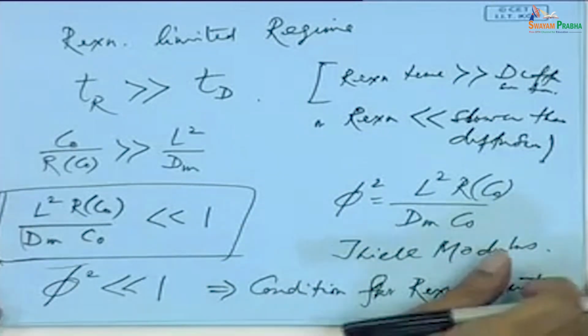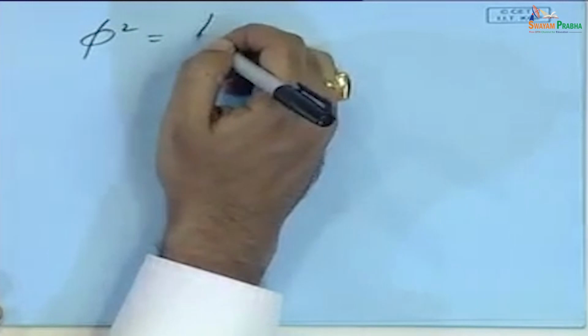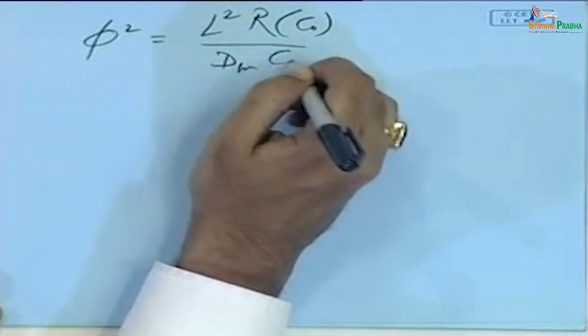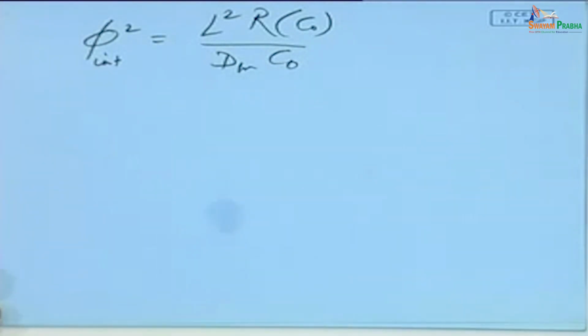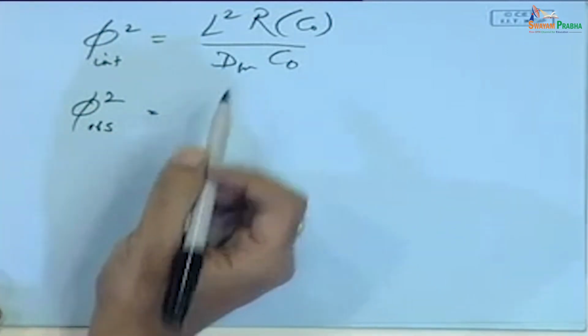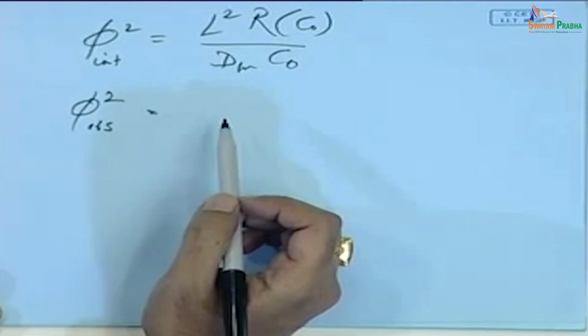Okay. Now, I will just at this point tell you that there is something called an intrinsic Thiele modulus, and there is something called an observed Thiele modulus. Can you tell me, so this is the intrinsic Thiele modulus, what the observed Thiele modulus is going to be?